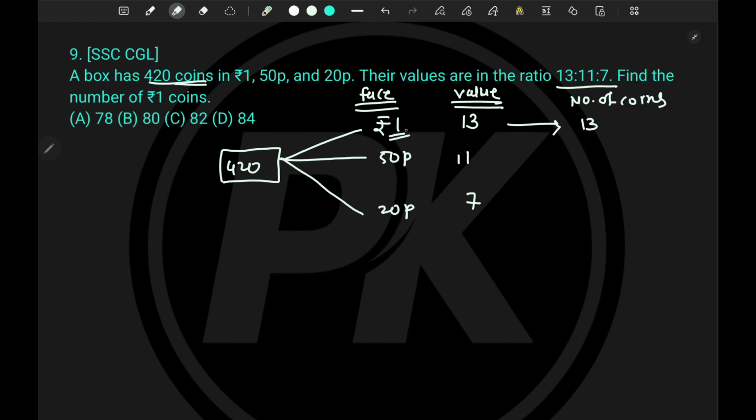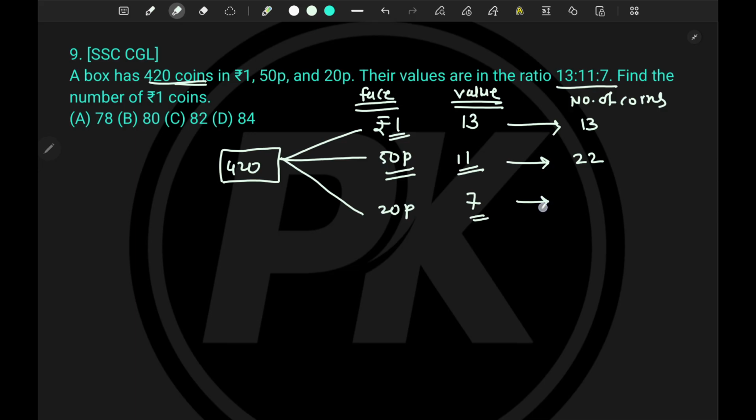So 13 rupee coins to get the value of 13. Now if I want to get the value of 11 rupees, how many 50 paisa coins are required? I will need 22 coins to meet the value of 11 rupees.